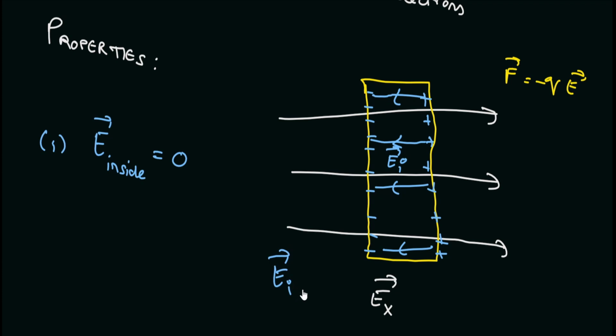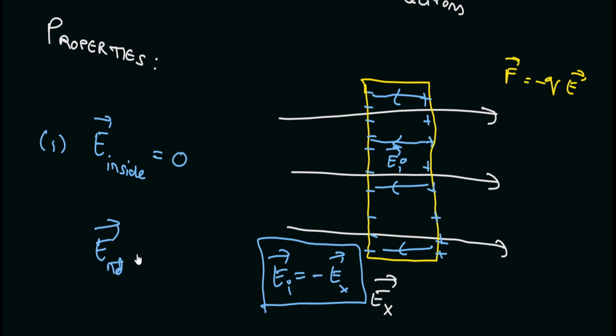The induced electric field will cancel the effect of the external electric field. So it will be negative but equal to the external electric field. And this whole process will be instantaneous. Therefore, the net electric field inside a conductor will always be equal to 0. This is one of the most important properties of the conductors, that is, the net electric field inside the conductor is always equal to 0.